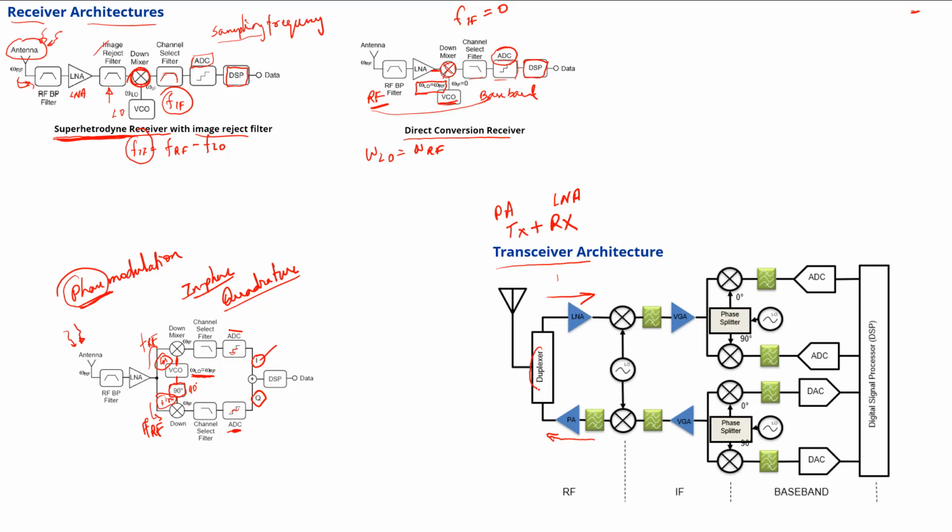And one unique component in a transceiver is this duplexer component, which essentially can be a circulator, the passive device that we saw as circulator, where the same antenna can be used for both TX and RX. The same antenna can be used for both transmission and reception.